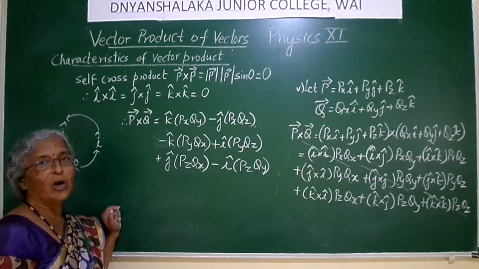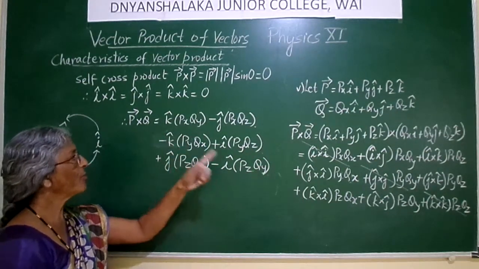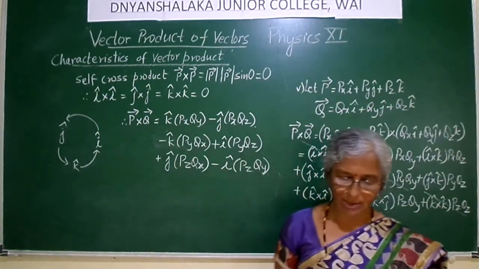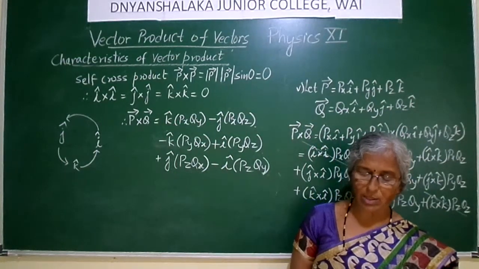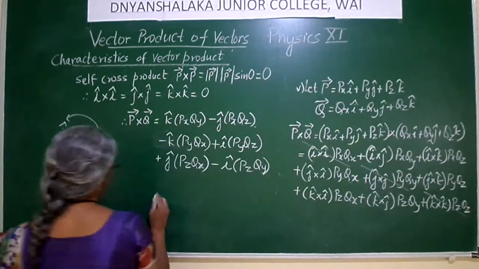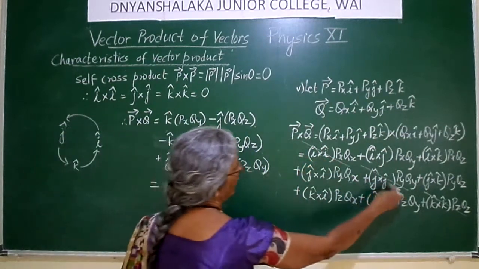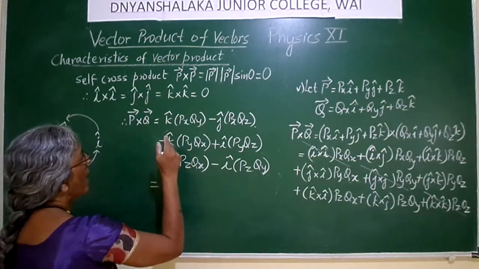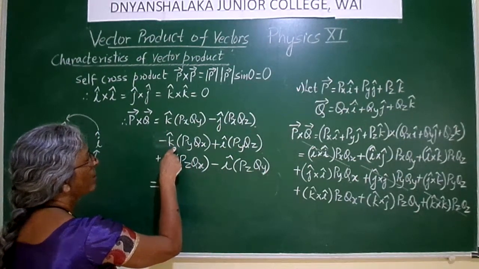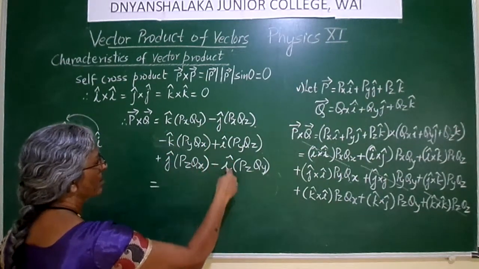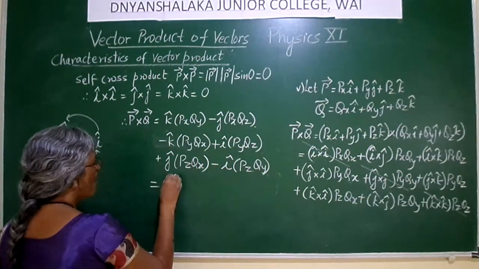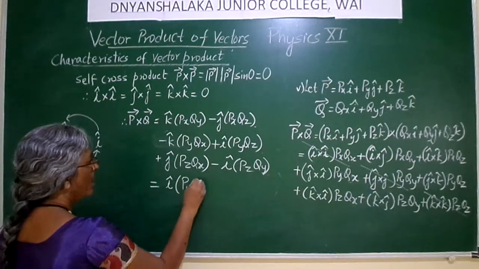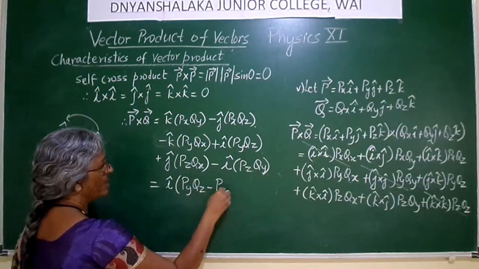How many terms have you got? 1, 2, 3, 4, 5, 6 terms. In these 6 terms, the 3 terms get cancelled because these values are 0. Now I take vector I common from these 2 terms: py qz minus pz qy.